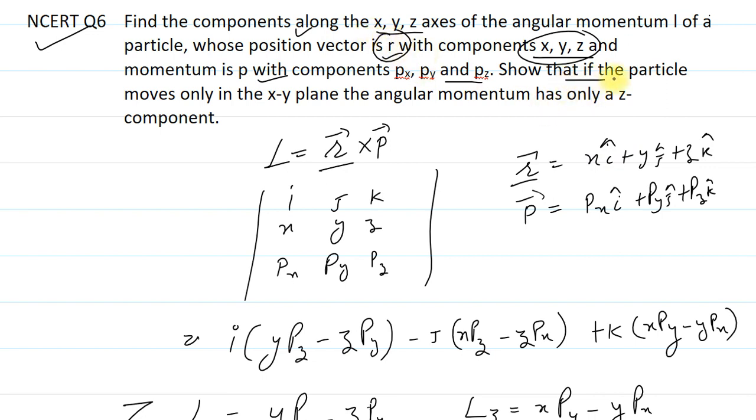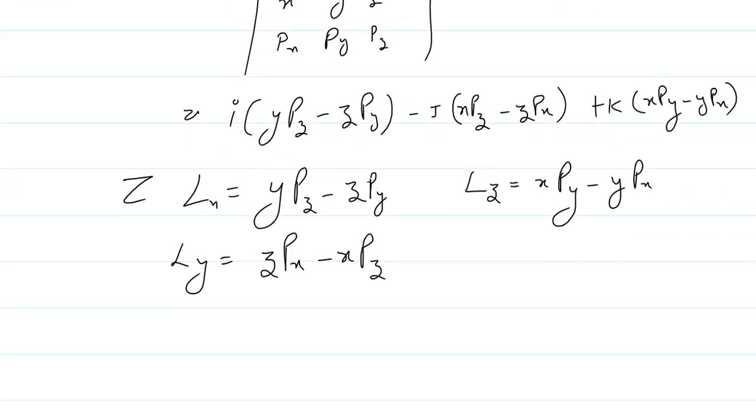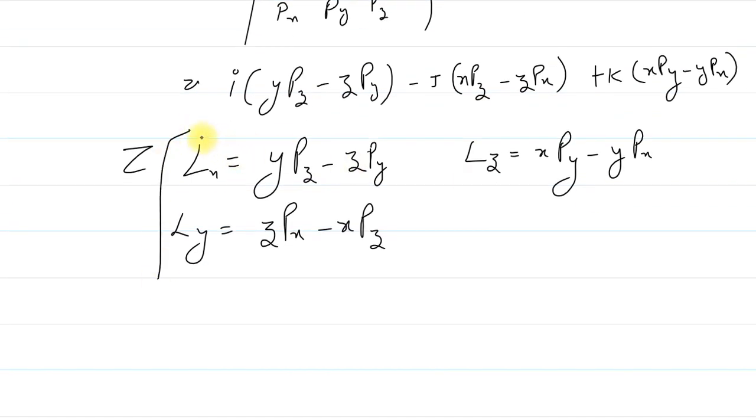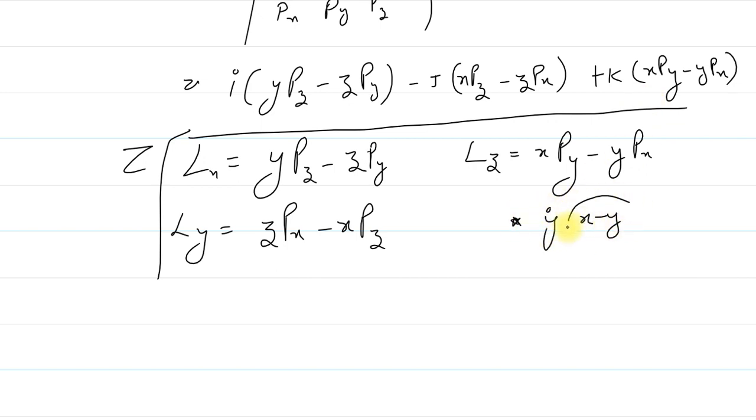Now we have to show that if a particle is moving only in the xy plane, the angular momentum only has a z component. So we have to apply the conditions on these components x, y and z. Students, if the particle is in the xy plane, obviously its z position is equal to 0.